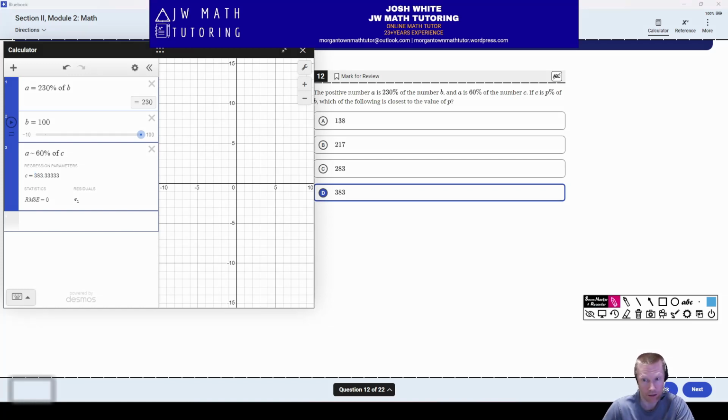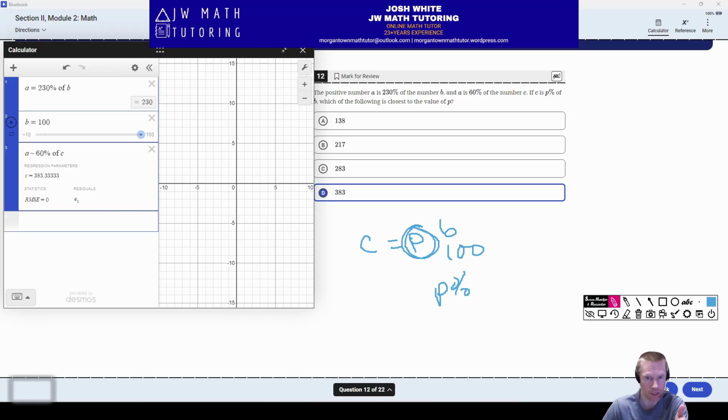Because if you think about it, C is P times B, right? So if I set this to 100, whatever this number is, it's being multiplied by 100. Since I set B to 100, multiplying this number by 100 turns it into a percentage.